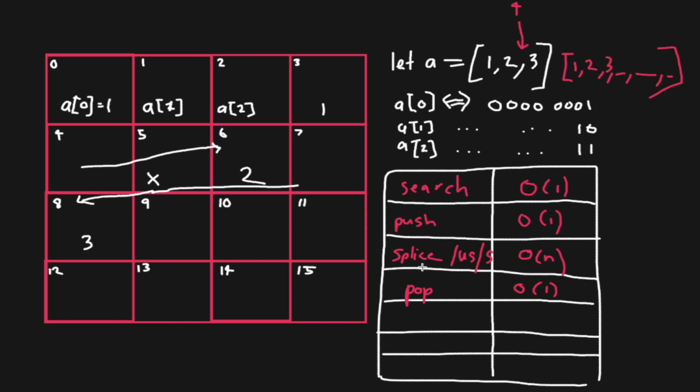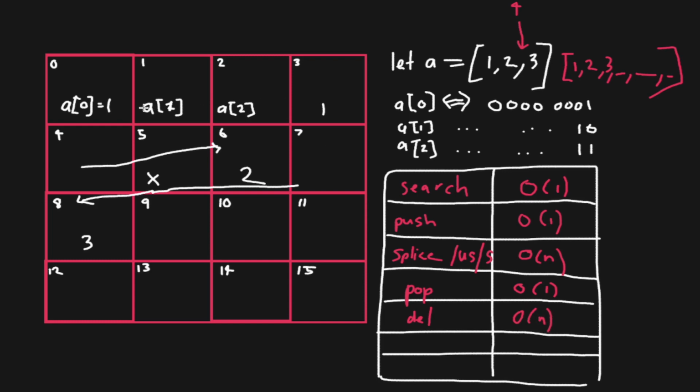Oh, no, sorry. Splicing is adding something in. Slice. So there's splice and there's also slice, if you want to remove something. I just put del here for delete. Basically, this is going to be a similar thing. This is going to be O of n.